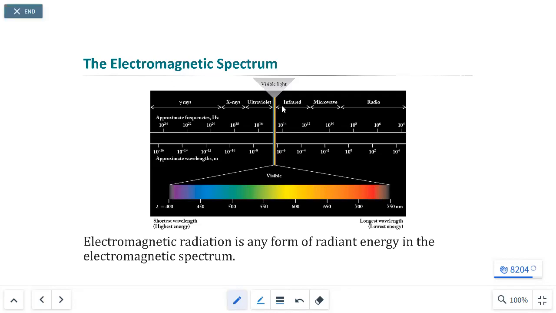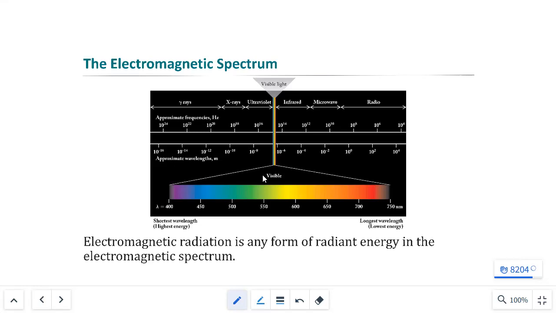And here in the middle, this little tiny band from 400 nanometers to 750 nanometers in wavelength, this is visible light. This is the light we can actually see and detect with our eyes.